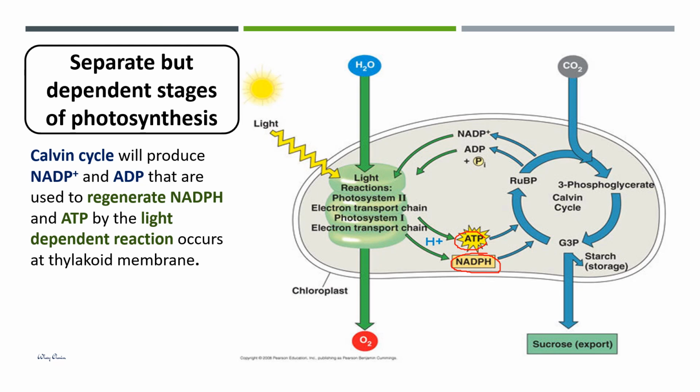And at the end of the Calvin cycle, they form ADP and also NADP+, which is now the oxidizing agent. These 2 are required in the light-dependent reaction. Both stages happen in the chloroplast. The difference is the Calvin cycle occurs in the stroma of the chloroplast, and the light-dependent reaction occurs in the thylakoid membrane of the chloroplast.